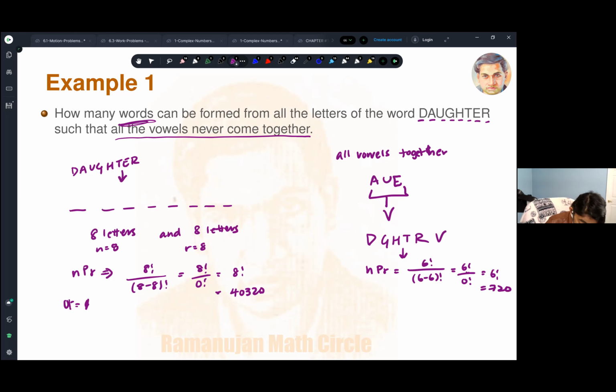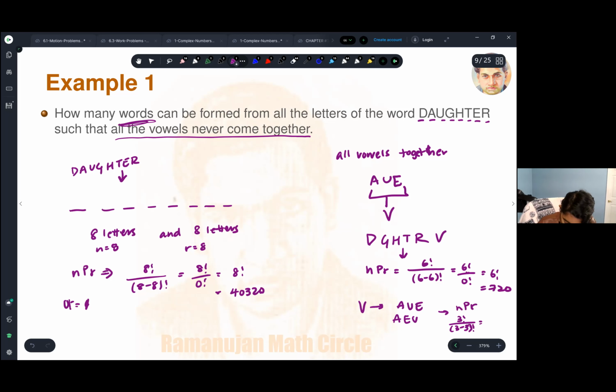But within V, if you open up what V is, it's A, U, and E, and you can arrange this in multiple ways. You can have A, U, E, you can have A, E, U, and each of them would lead to a different arrangement. So you need to account for that. The way you account for it is to do an nPr on this as well, 3 factorial divided by 3 minus 3 factorial, because there are 3 letters, A, U, and E. So it's going to be 3 factorial, and that's 6.